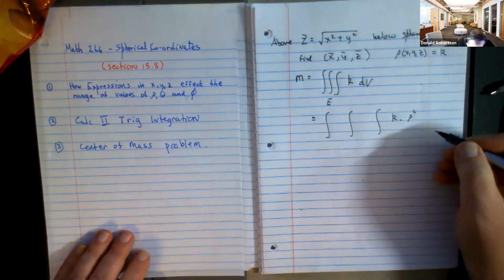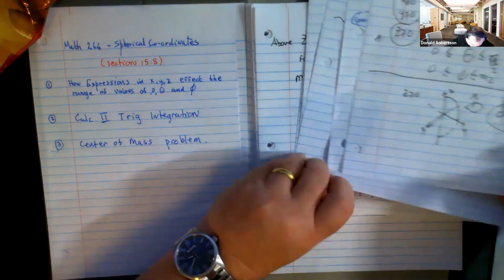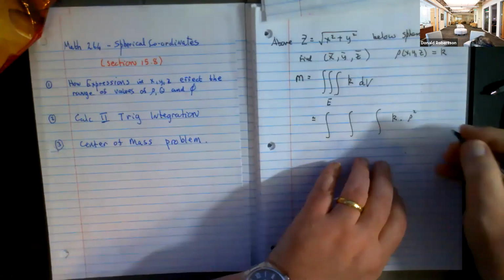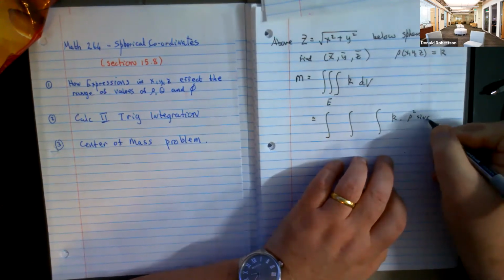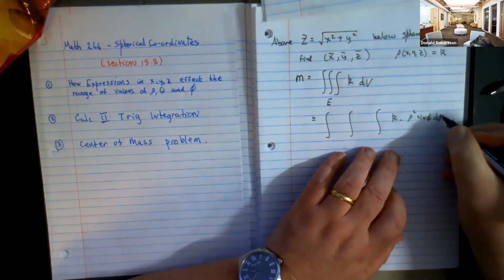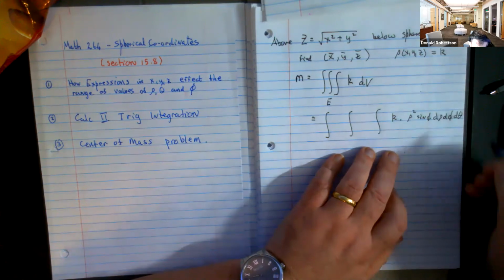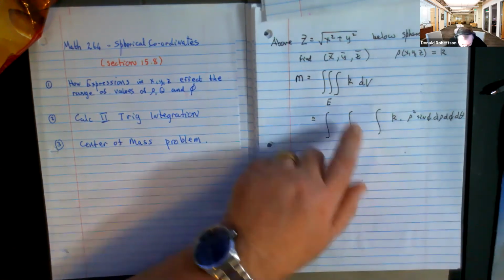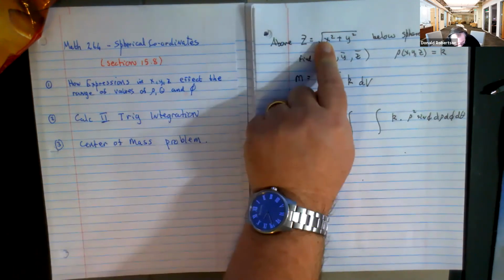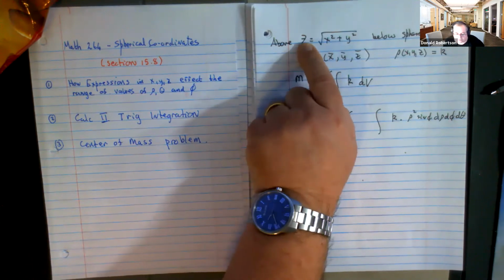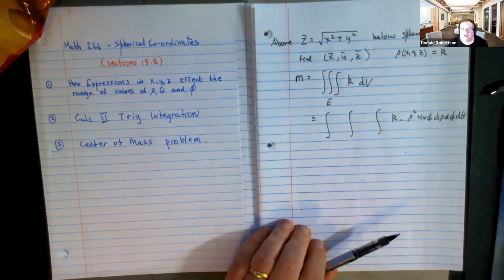Rho squared. I don't want to screw up and put the sine where I should be putting a cosine. It's a sine. d rho, d phi, d theta. Okay. I've done a cone earlier today. Can you remember, when it's a cone, what the restriction is?